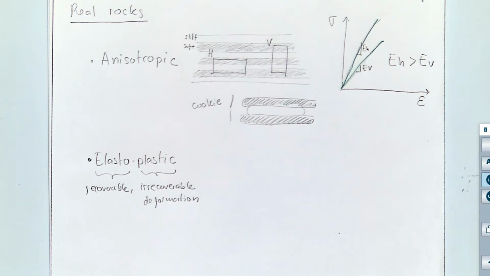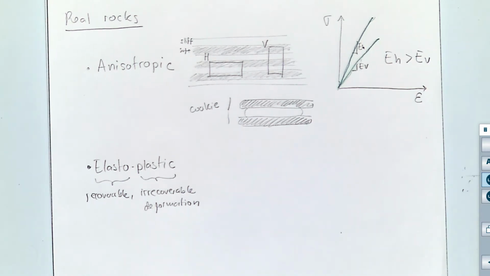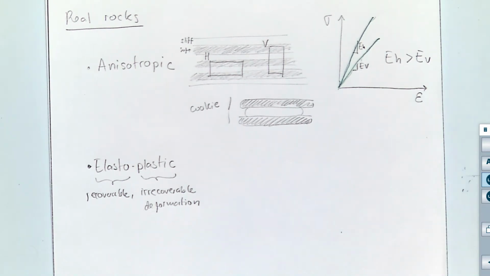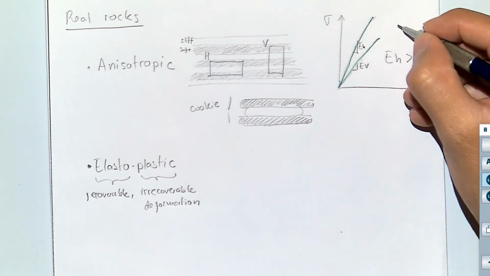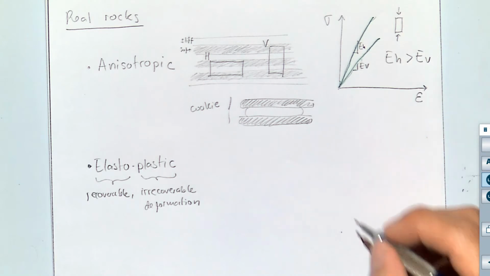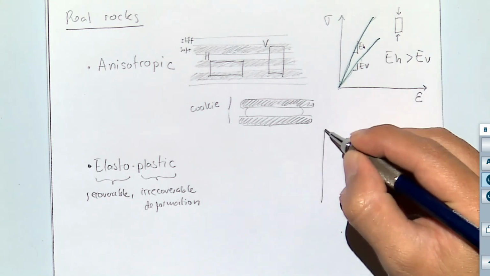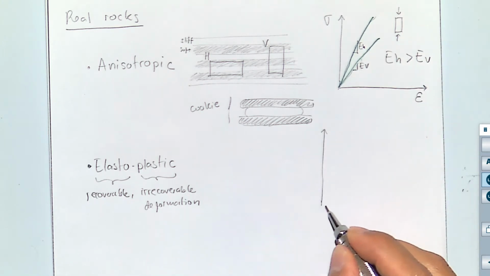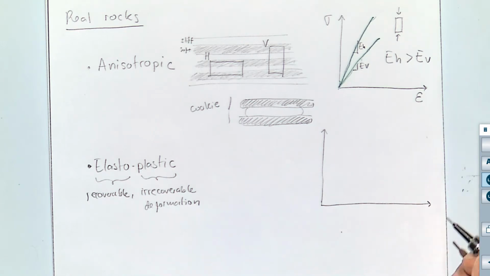We haven't talked about the irrecoverable deformation yet, but that's always going to be there. The same kind of experiment, and this is something you have seen in some of the material I gave you, but I didn't explain it yet.